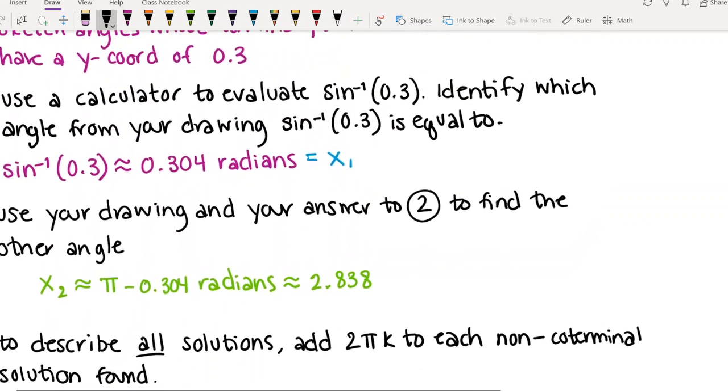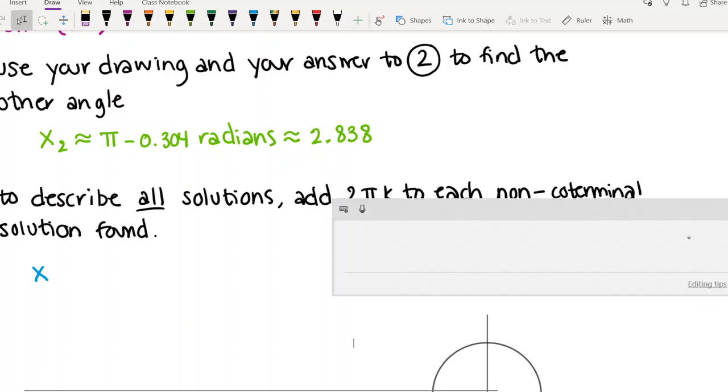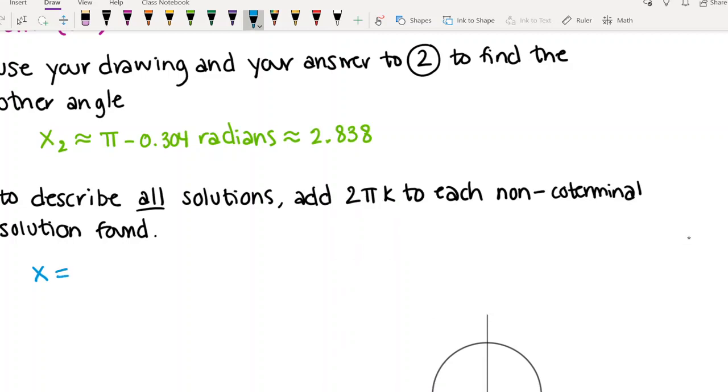So that we have two non-coterminal ones, but then we know that we can also have any other angle that you get to by adding copies of 2 pi. So our solutions will be, and I'm just going to say x, you could say x1 and x2 if you wanted to. I was just writing that out to give some distinction on the picture.